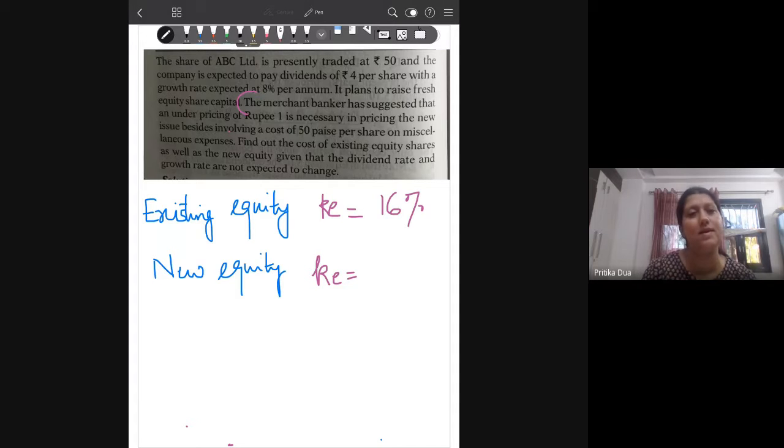Merchant bankers basically offer multiple services. One of them is that they provide portfolio management and IPO services to their clients. So here in this question, since we are talking about existing equity and also new equity, merchant bankers assist the companies in coming up with IPOs in the market.